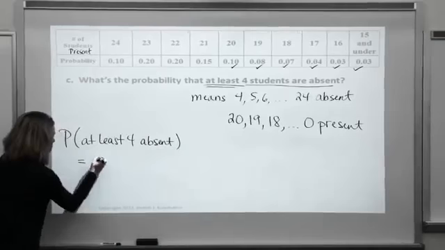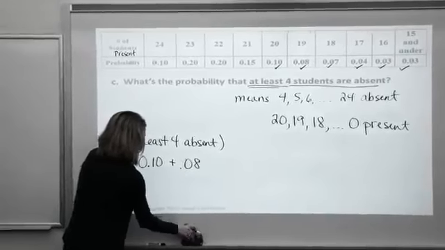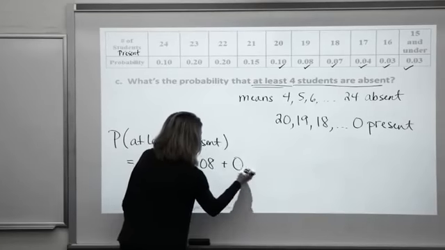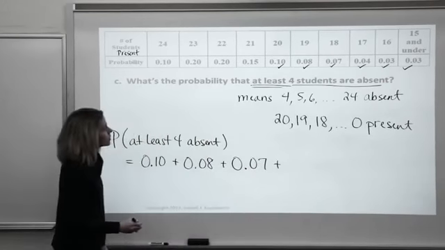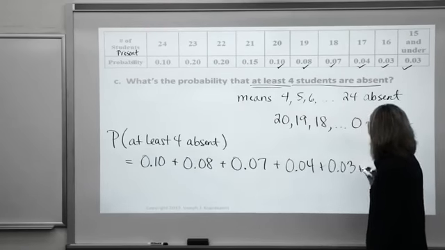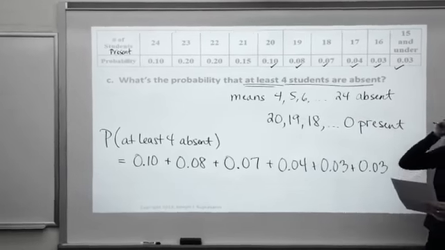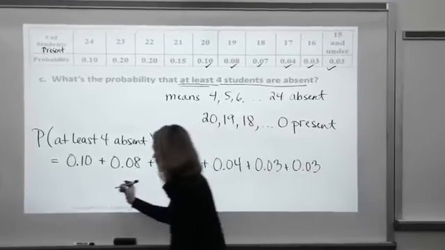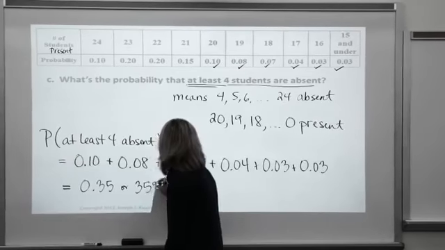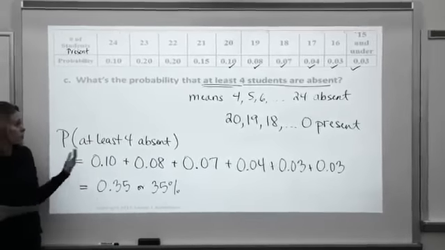So if we sum those up, they should sum up to 0.35, or a 35% chance that at least 4 are absent, meaning 4 or more.